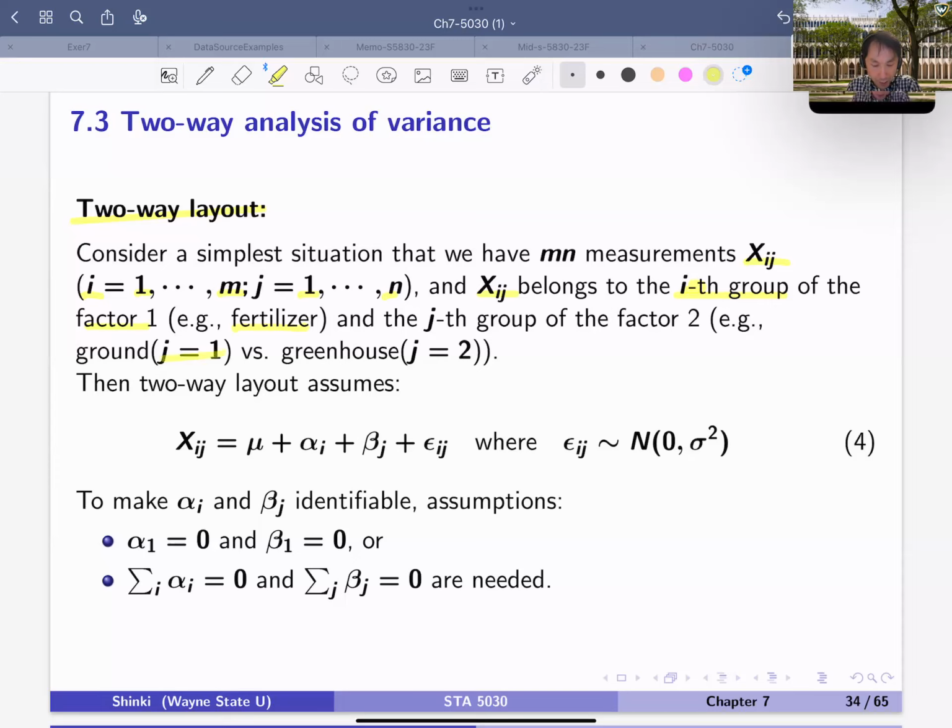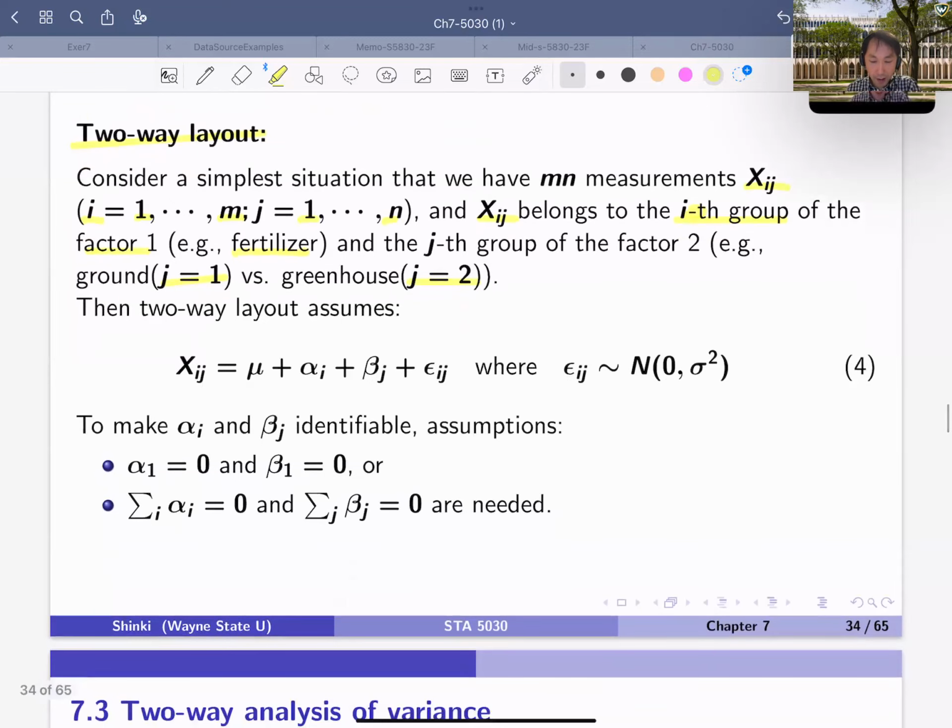So j is equal to either 1 or 2: 1 is ground and 2 is greenhouse. So i and j determine the condition for that crop. And our model is xij equals mu plus alpha i plus beta j plus error epsilon ij. Here epsilon ij is IID, normal(0, sigma squared).